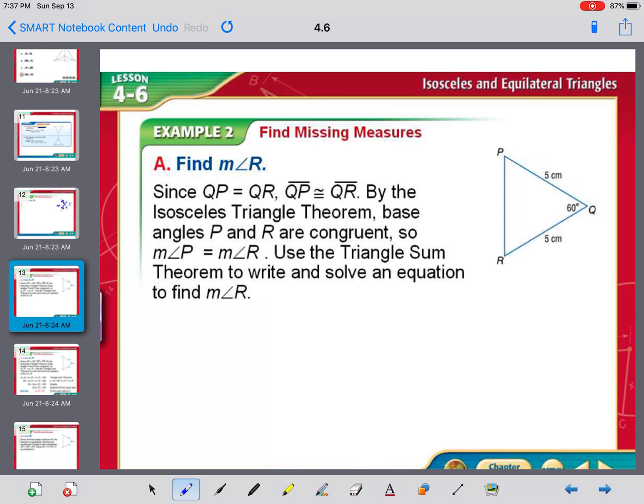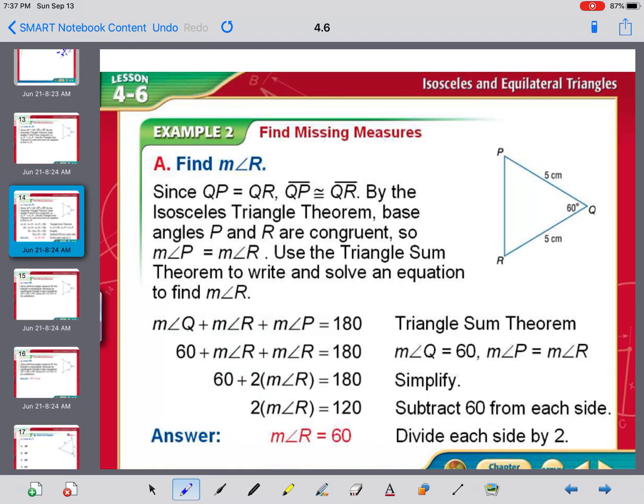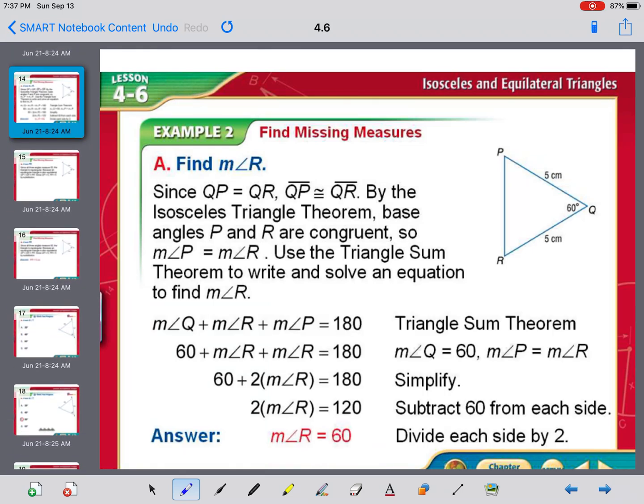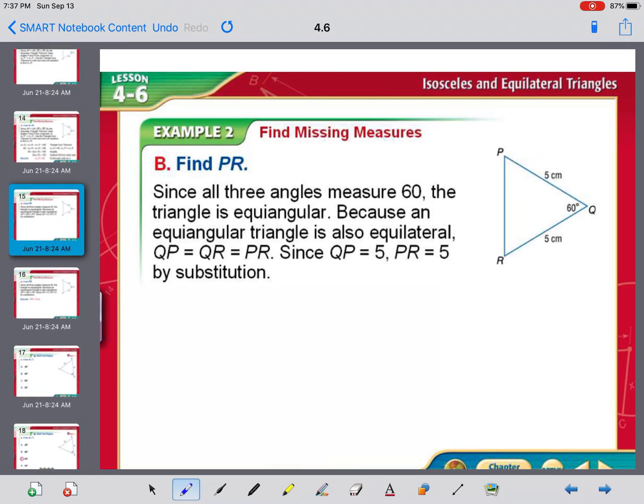We saw that in the isosceles piece earlier. Which really means that if that's 60, then these two add up to 120, and since there are two of them, they're 60 each. They may dance through that a little bit differently, but basically we get to the same conclusion. Measure of angle R was 60.